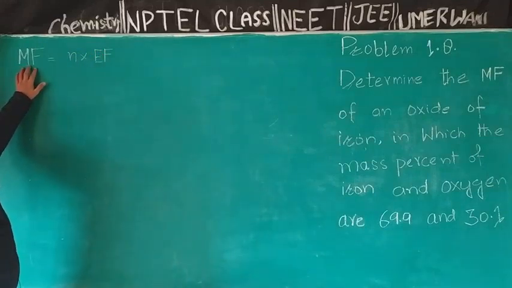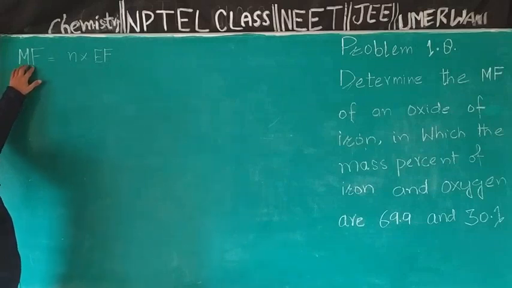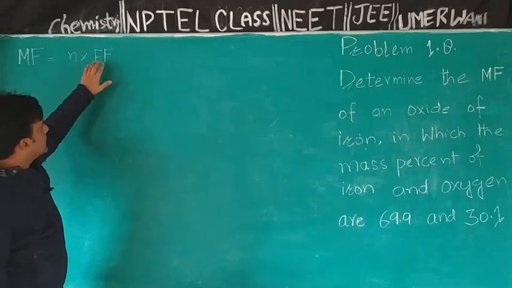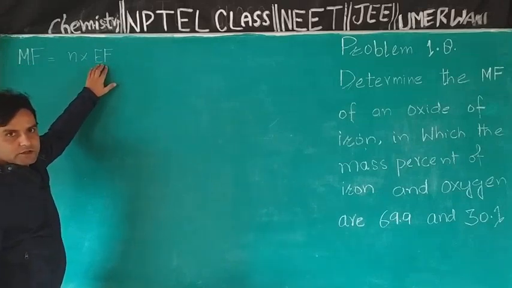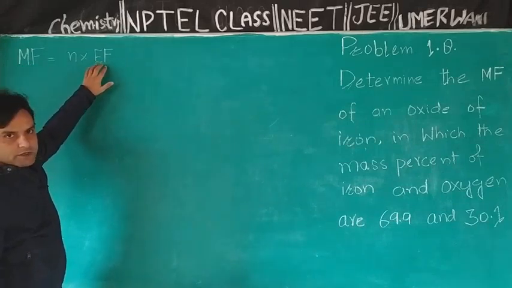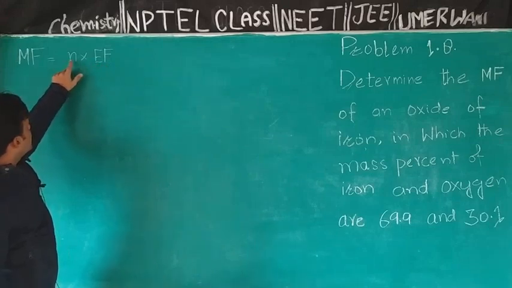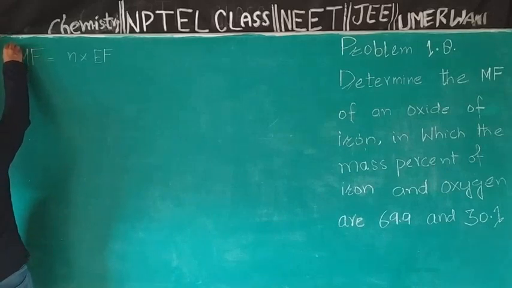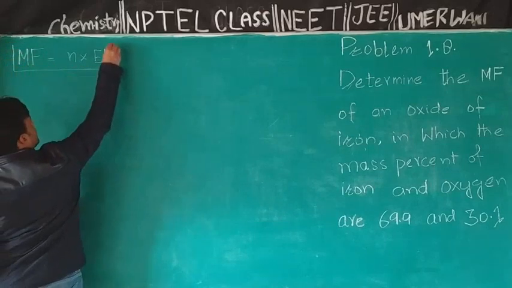The molecular formula is the actual formula of a chemical compound and expresses the actual ratio of mole atoms of various elements present in it. The empirical formula is the simplest formula and expresses the simplest ratio of mole atoms of various elements. Both are related by this equation: molecular formula is equal to n into empirical formula.